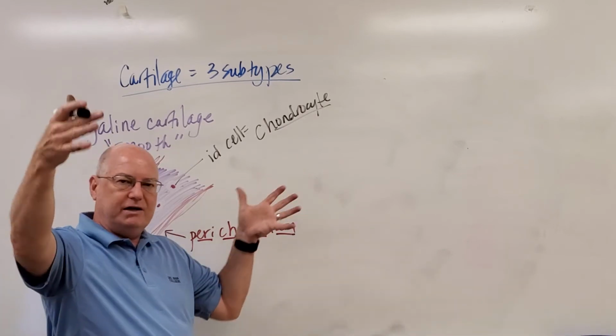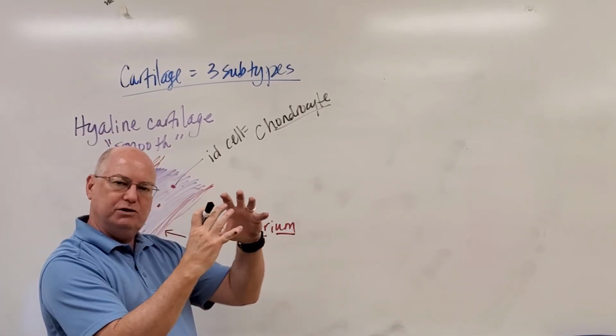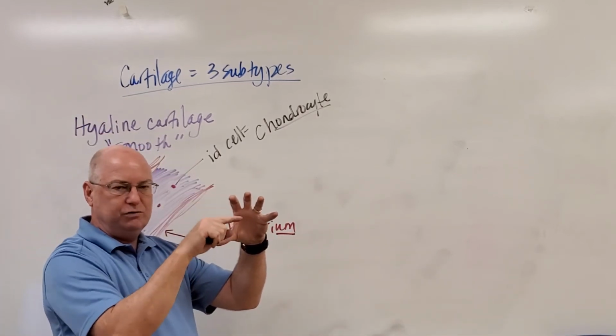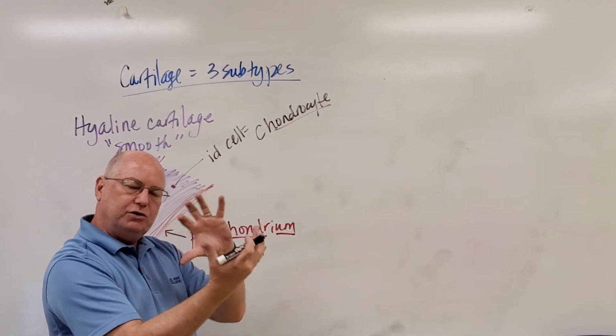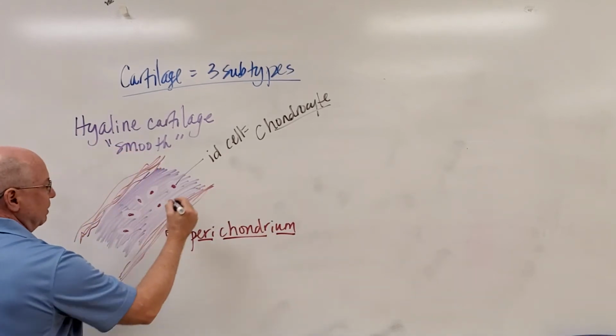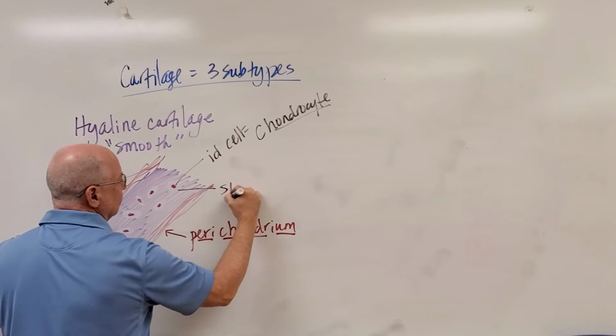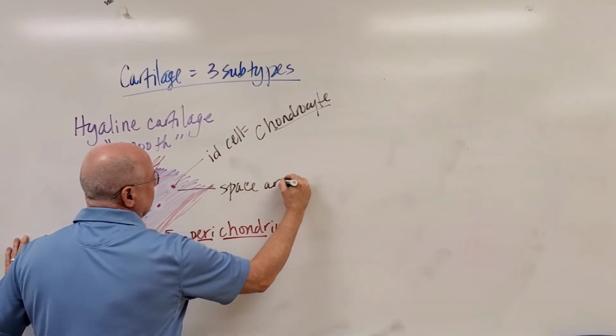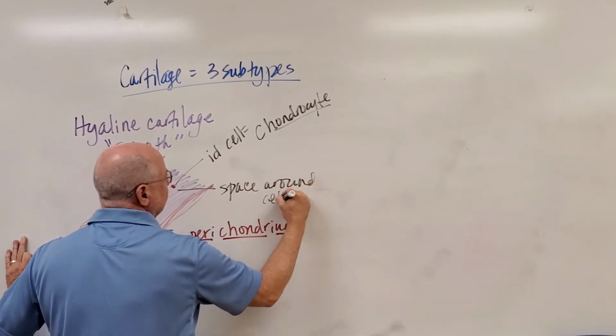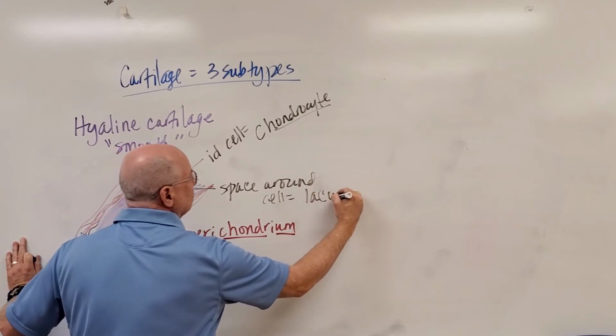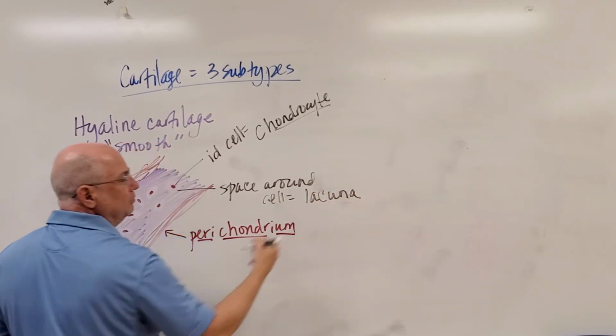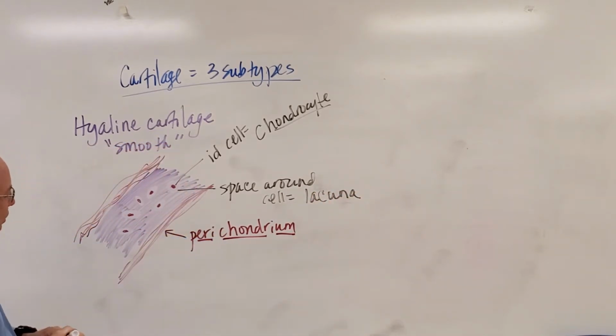It's almost as if I had a cement block, but somewhere in the cement was a hole where a bubble formed and something was living in there. That empty 3-dimensional bubble or space that surrounds the cell is called a lacuna, which in Latin means little moon. And so it looks like little moons, I guess, in a dark night sky.